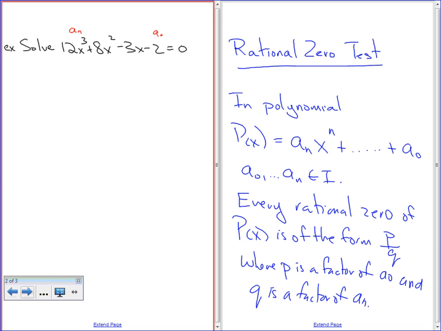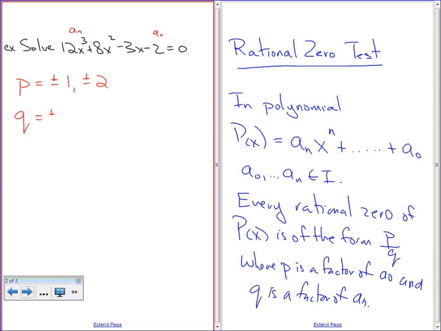So my p's are factors of my constant term, all the numbers that go into 2. So plus and minus 1, plus and minus 2. Those are all the numbers that go into 2. And my q's are all the numbers that go into my leading coefficient, which is 12.